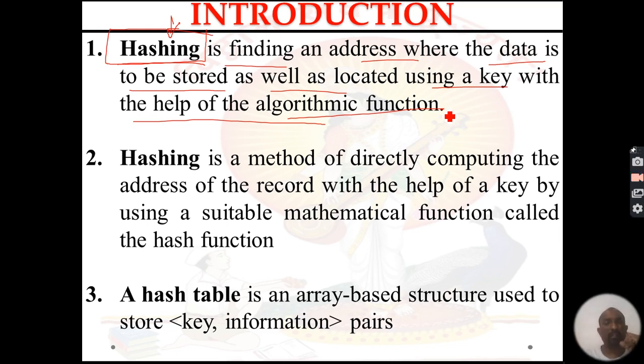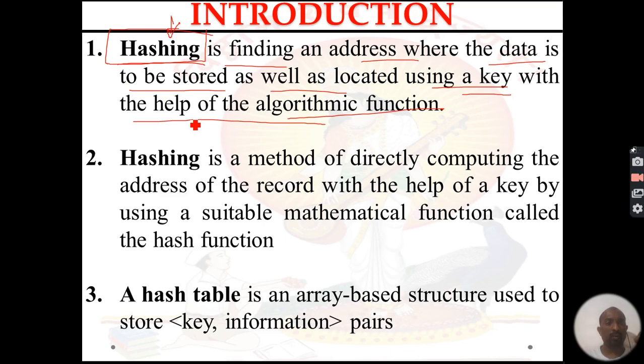The formula is given, we put the value in that formula and then we get the hash value, but we should have the key, then only we can find out the index value for that particular key. So that is the basic concept of hashing.